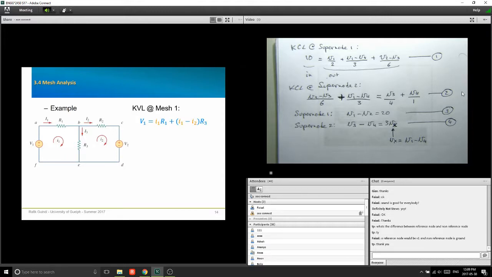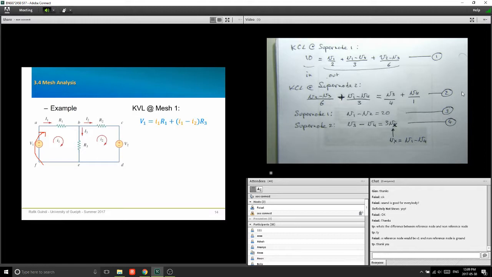If I go upwards, I'm going from F to A, I'm going to go through the voltage source V1. Is that a voltage rise or a voltage drop? I'm going from here to here. This is not a current, that's my direction of walking through my loop to write KVL.